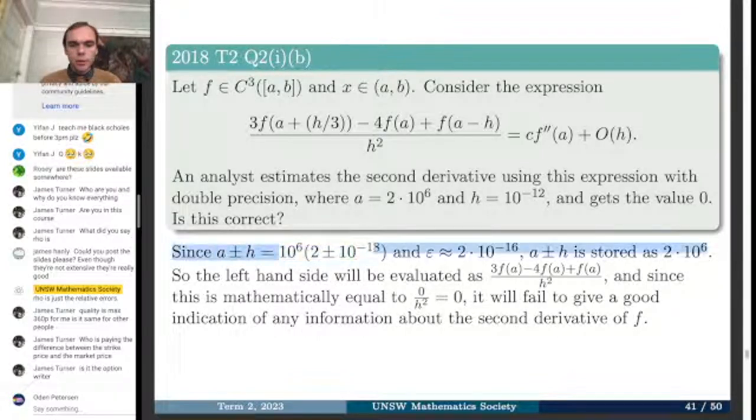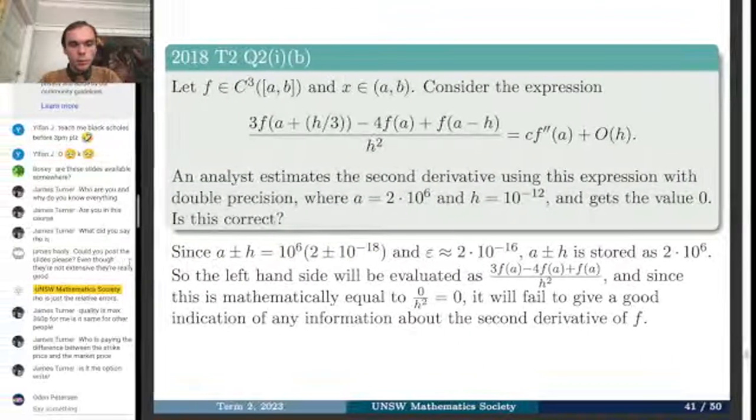And this is going to turn out to be this expression here. And then I guess because of floating point rounding error, yeah, the machine epsilon here, if we go into MATLAB, we can see it's 2 times 10 to the minus 16, approximately.